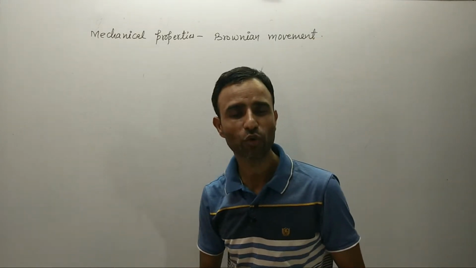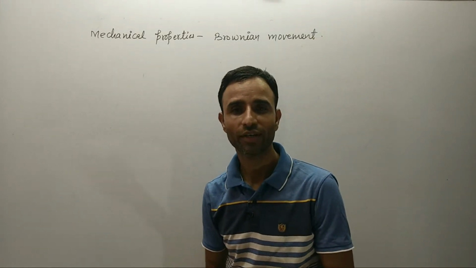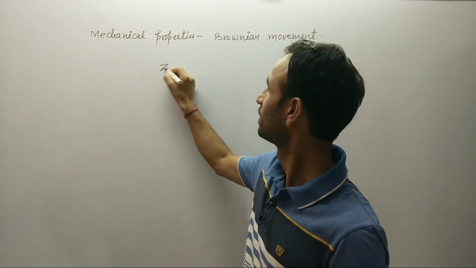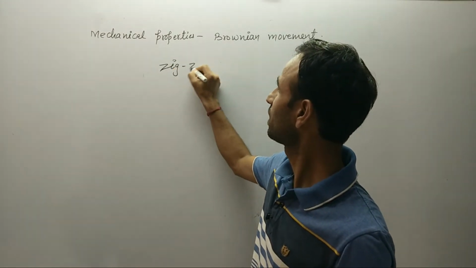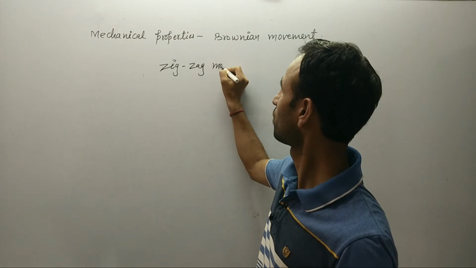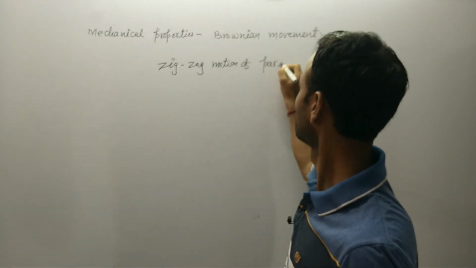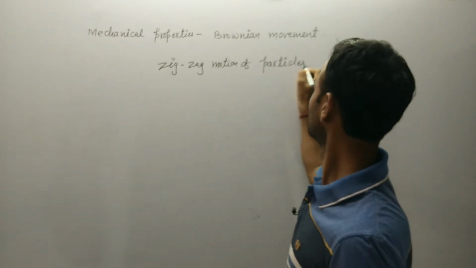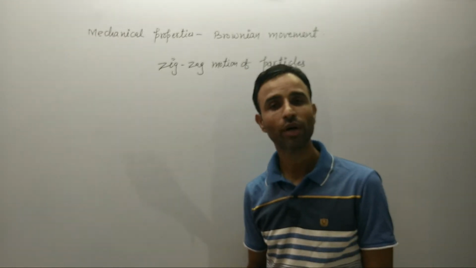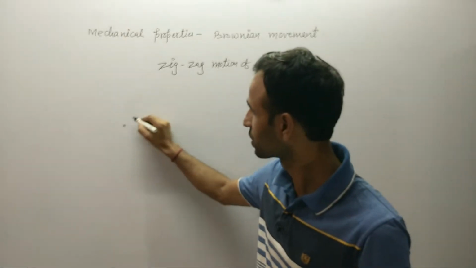What is Brownian movement? It is zigzag motion of particles. Zigzag motion of particles like this.